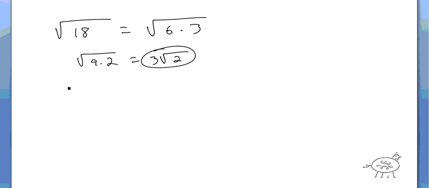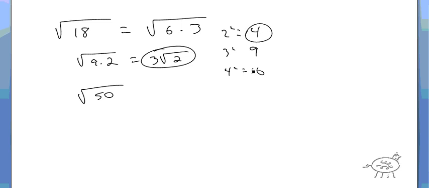The square root of 50. Again, think perfect squares. Think of numbers that go into it, like divisible by 4, divisible by 9. This is 2 squared, this is 3 squared. I have 4 squared of 16, but if 4 doesn't go into it, 16 won't go into it either, because 4 goes into 16.